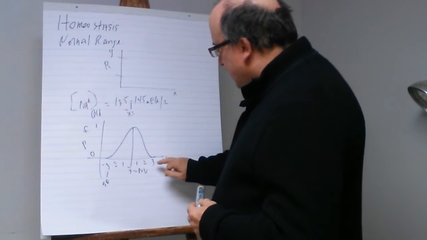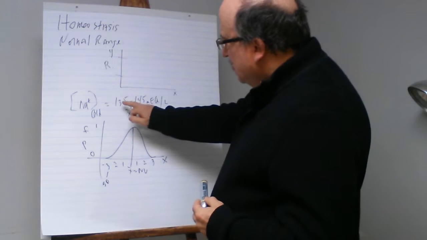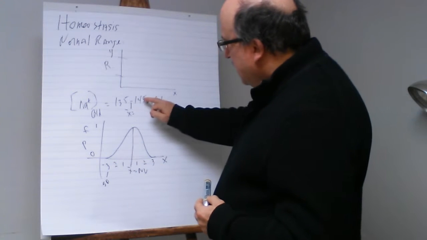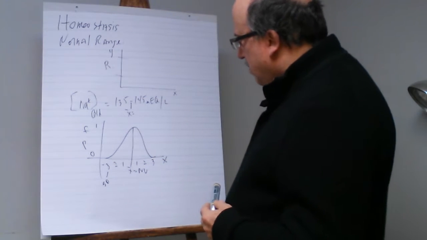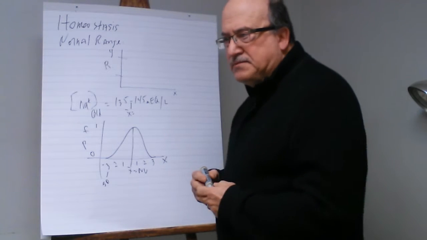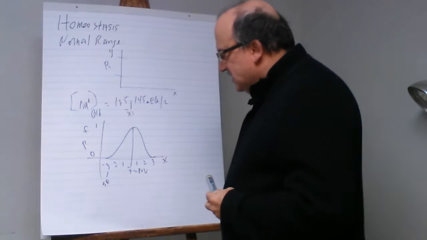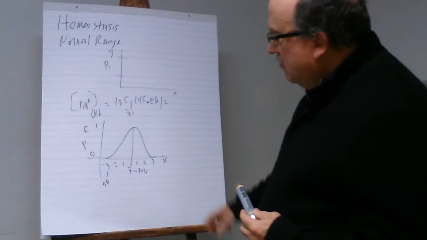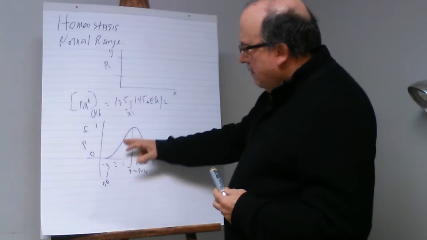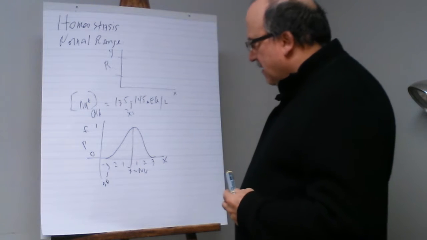Right here at minus 3 and plus 3 is your 135 at minus 3 and your 145 at plus 3. This is considered the Gaussian distribution, or the normal distribution, or the bell curve, because it looks like a bell.